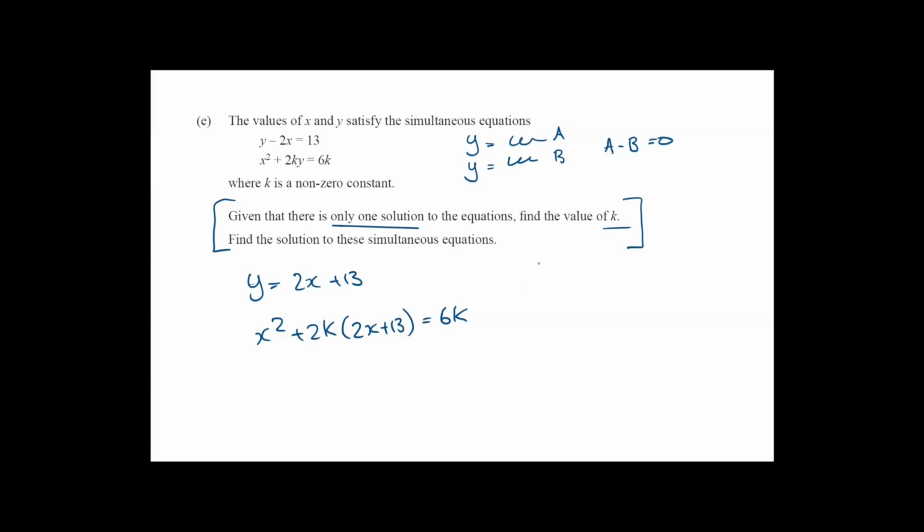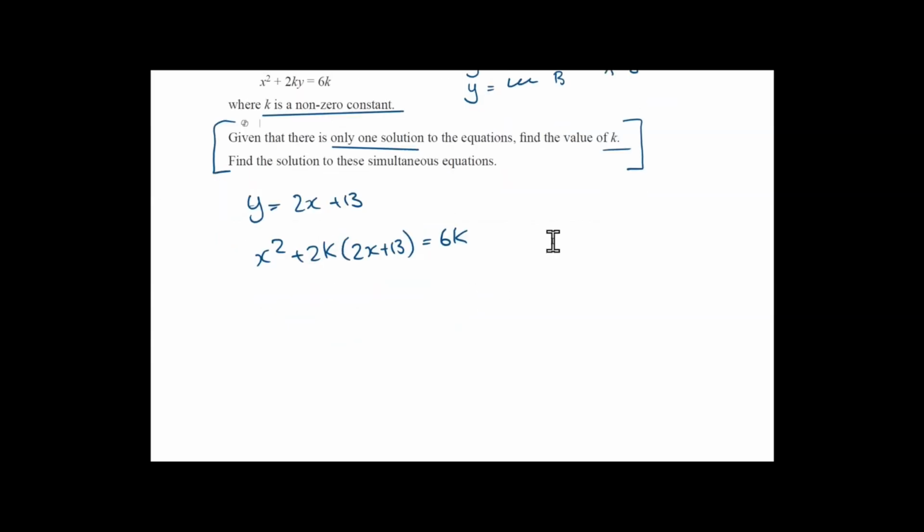Now, k is a non-zero constant, which means that k can be in the coefficient for the x and in the c and the constant part. So if we bring this 6k across, expand out this bracket here, we can actually get a quadratic where the variable is x.